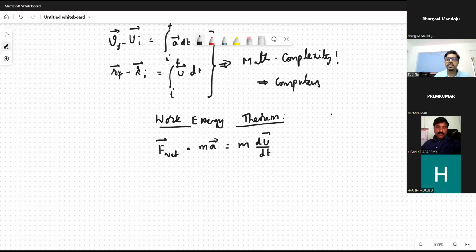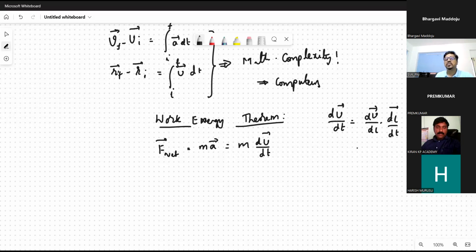But this dv bar by dt can be written as dv bar by dl into dl bar by dt.